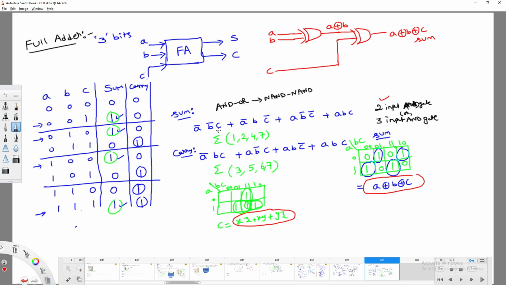Okay, fine. What about the carry? Carry you can simply perform. See, this one is AB.